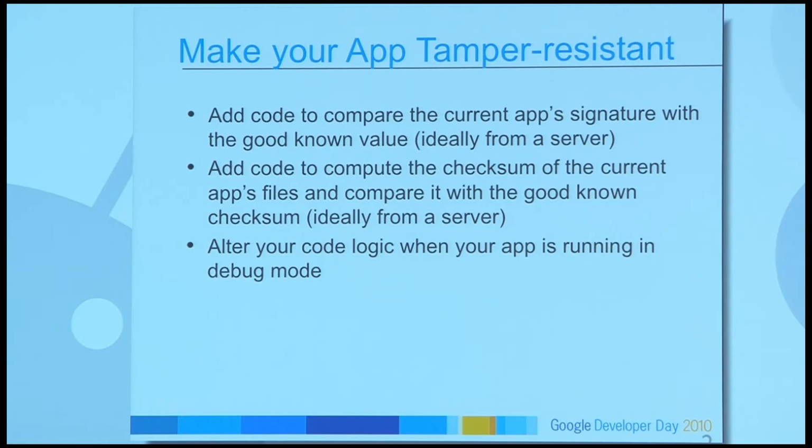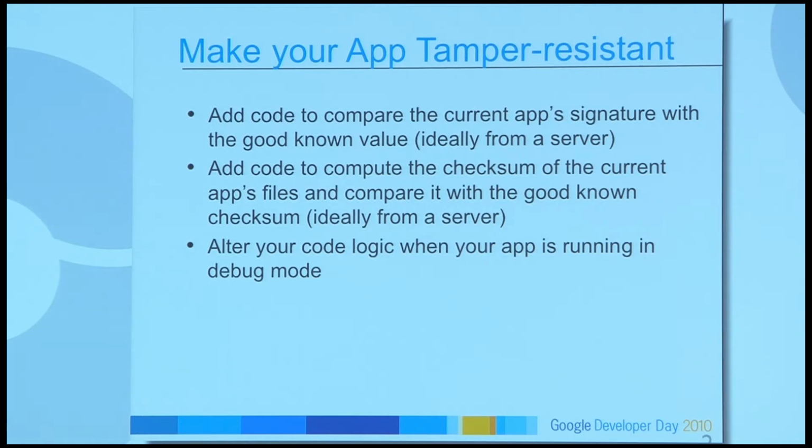Here are some tips on how to make your app tamper resistant. There are a couple of things. The first thing is to consider adding code to compare the current app signature with the known good value, and this known good value ideally comes from a trusted server. The next thing you can consider is adding code to compute the checksum of the current app's files and compare that to the known good checksum.